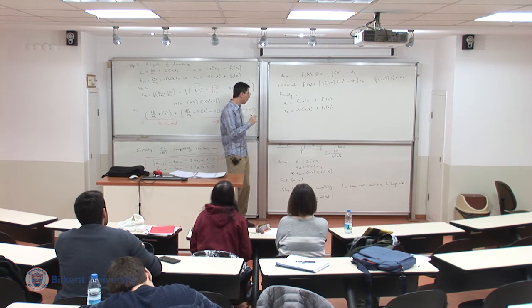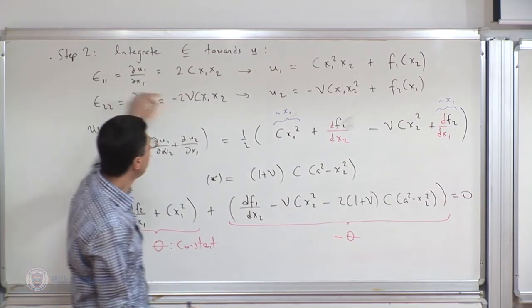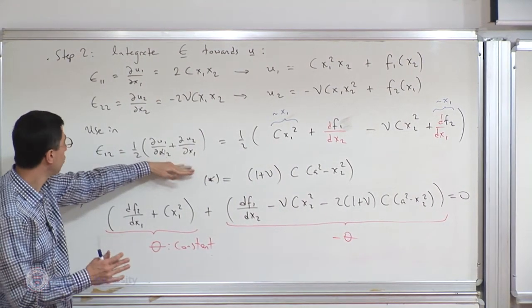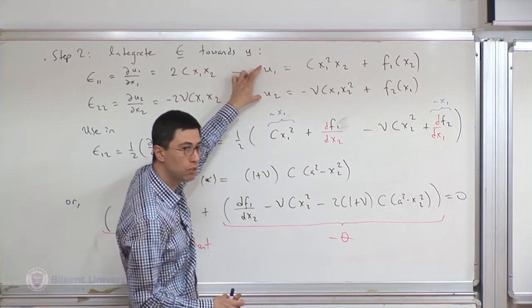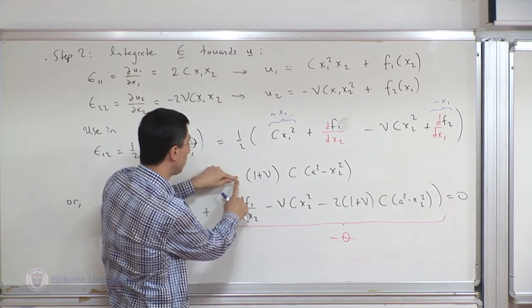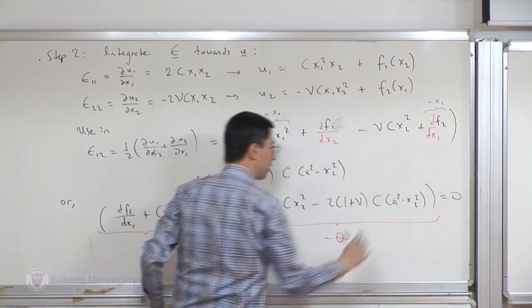Okay, so I integrate epsilon 11 and 22 towards U1, U2. I cannot integrate 12, it looks tricky, so I use them in 12 and get an expression that's consistent with these two. But now I'm given explicitly what it is. So now that's equal to that. So I collect everything on the left-hand side and set it equal to 0.